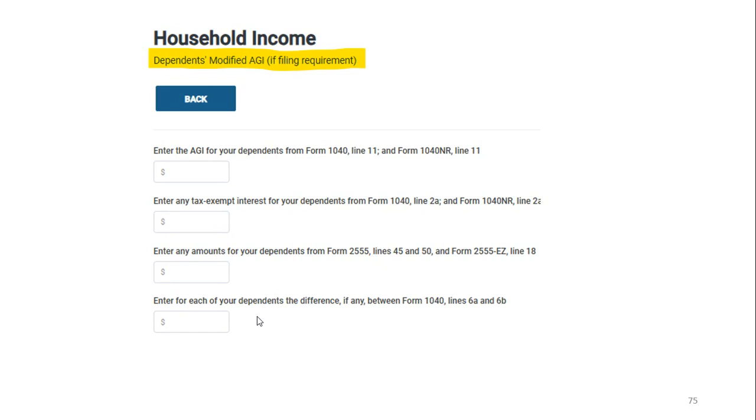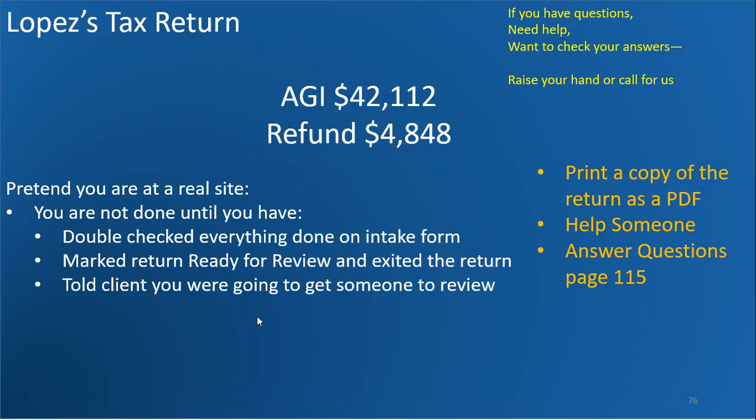Do they legally have to file a tax return? If they do, then we have to put their income on here. And the reason why is the government is helping to pay for insurance for your house, for your family. If your dependent is making that much money, then they can help pay for the insurance. Most of our clients, when they're claiming a dependent, don't make that much, but there are a few that do, so just be mindful of that. But most of the time, that's blank.